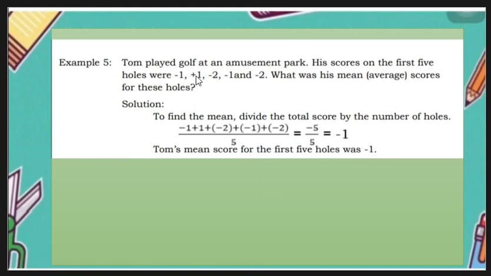Let's count. 1, 2, 3, 4, 5. Now, negative 5 divided by 5 is equal to, since unlike sign, negative and positive, the result is always negative. Therefore, the answer is negative 1. Tom's mean score for the first 5 holes was negative 1.